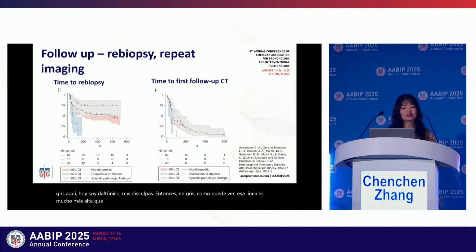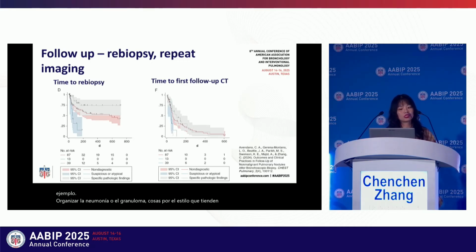And then in terms of time to follow-up CT scans, pretty much the very unique group is that when you see a specific pathology, for example, organizing pneumonia or granuloma, things along those lines, those people tend to get a repeat CT much, much later in the course of their disease.